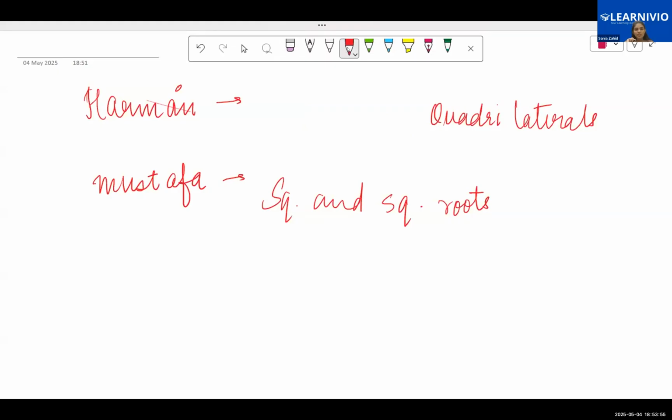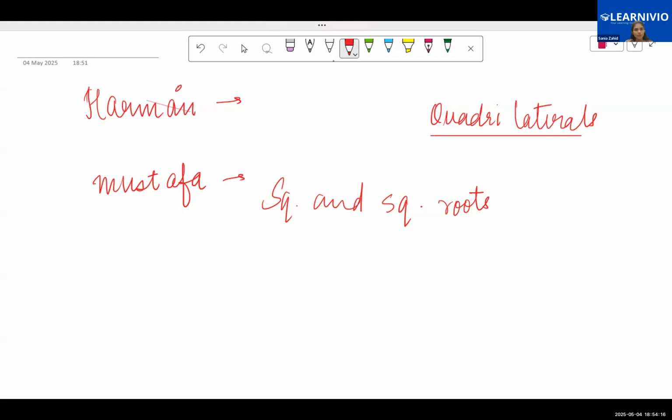What all chapters have been completed apart from quadrilaterals, Harmeen? Yes, ma'am. The first chapter, rational numbers, is completed. Then the second chapter, linear equations, has also been completed. Then now the currently ongoing chapter is quadrilaterals.